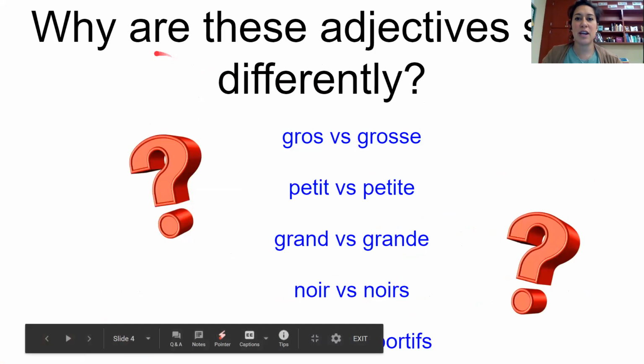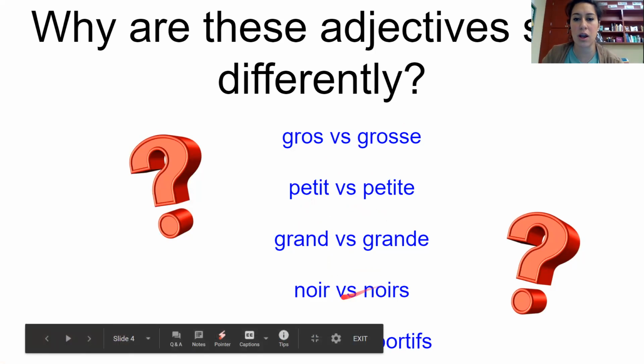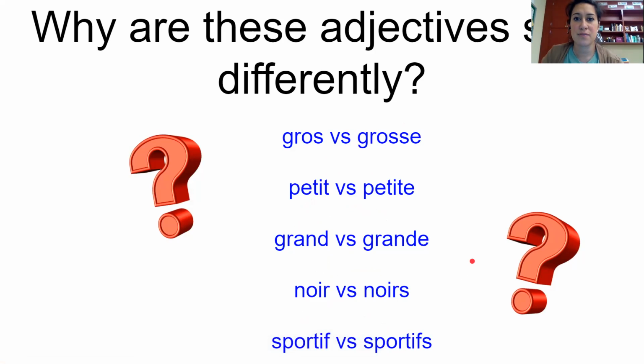Okay, so I'm going to throw up a list of adjectives right here, and I think my face is covering this, but why are these adjectives spelt differently? So we have gros, grosse, petit, petite, grand, grande, noir, noir, sportif, sportif. Sometimes you can hear the difference, but there's definitely a difference in spelling.